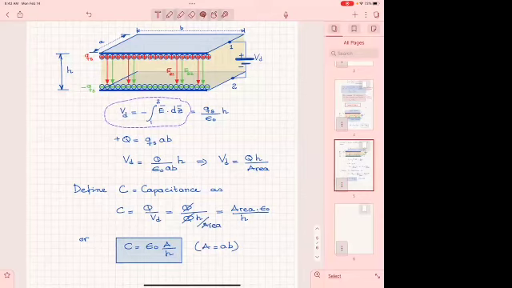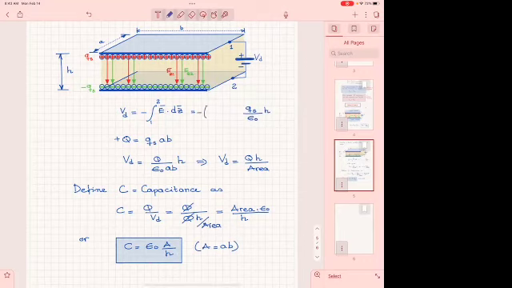Therefore, it is going to be the negative of the integral from 1 to 2, which means, as you can see in this expression, it was going to be minus (V2 minus V1).